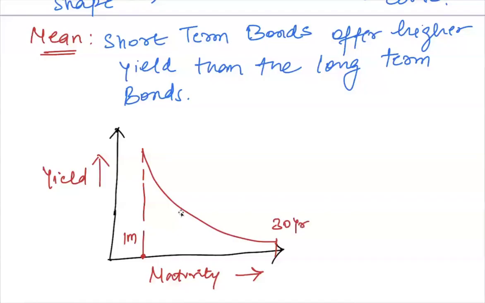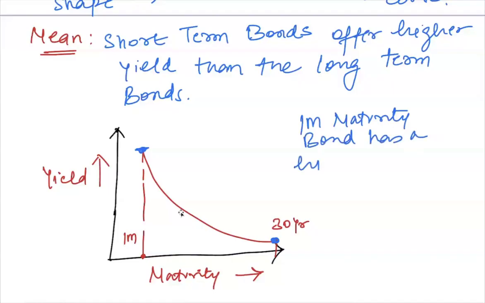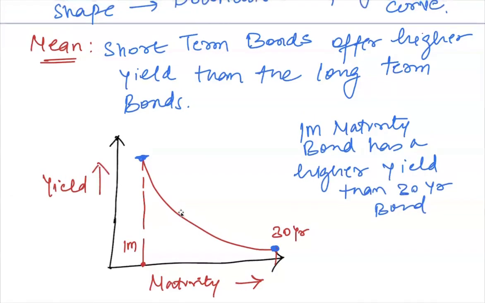Which has a higher yield? Does a 1 month have a higher yield, or a 30-year? 1 month, correct. So a 1 month maturity bond has a higher yield than a 30-year bond.